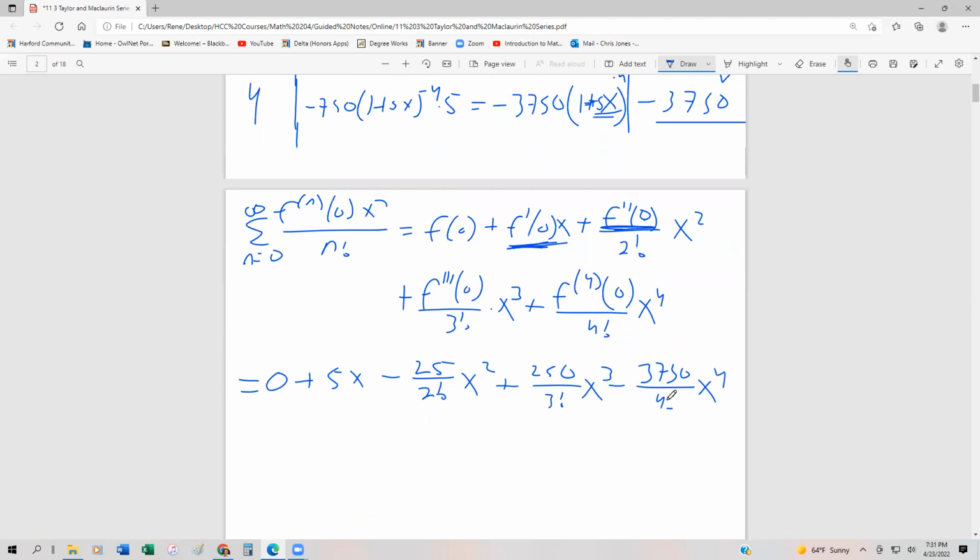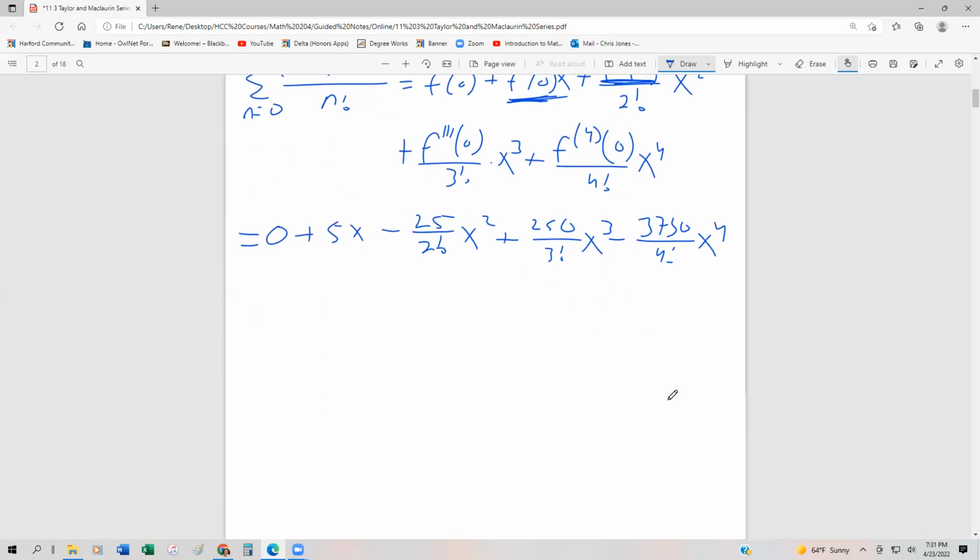Right. And so finally, if we simplify this just a little bit, and then we can write it into the series form. This is going to be equal to 5x minus 25 over 2 x squared. Now remember, 3 factorial is 6, because that's going to be 3 times 2 times 1. And then 250 divided by 6, they both have a common factor of 2. So that's going to be 125 over 3 x cubed. And then finally, 3750 divided by 4 factorial.